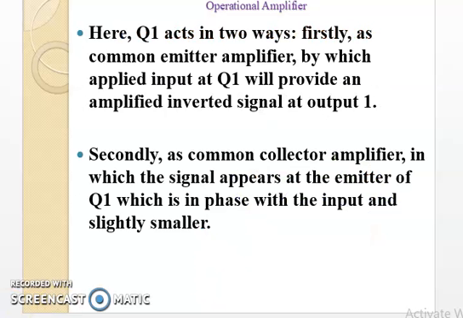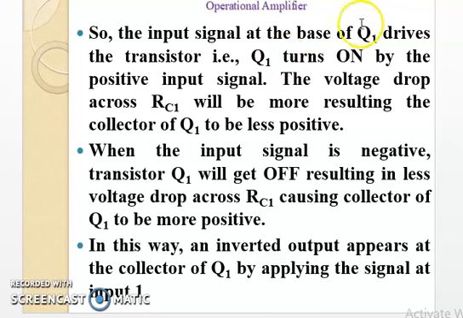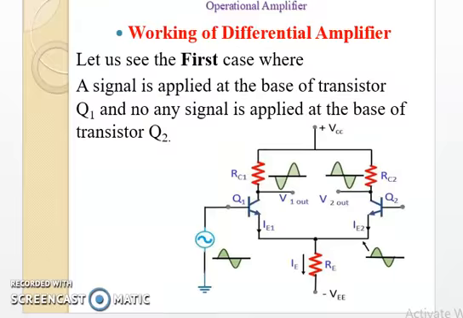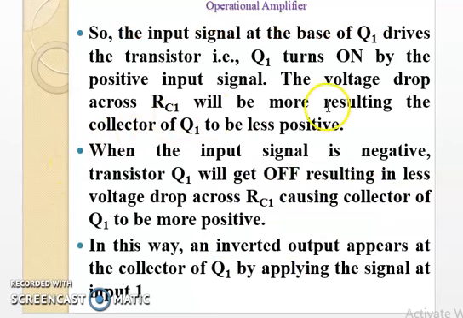When the input signal is negative, the transistor Q1 will turn off, resulting in less voltage drop across RC1, causing the collector of Q1 to be more positive. In this way, an inverted output appears at the collector of Q1 by applying the signal at input 1.